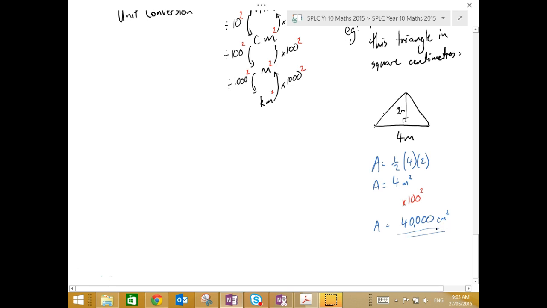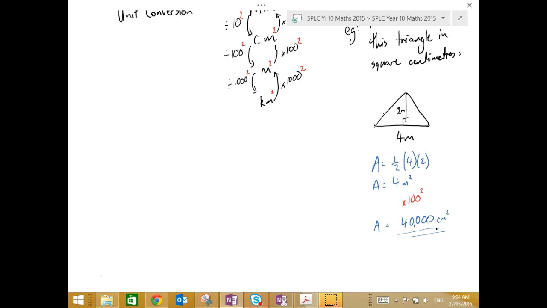So you get to big numbers very quickly. Yeah, you can do it on your calculator. You still need to know to multiply by 100 twice. If you don't realise that you've got to multiply by the factor squared, having a calculator will not help you. It doesn't have unit conversion on it. If you put 4 squared and get 16, the units are squared, not the number.